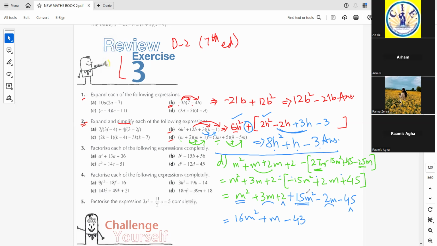Okay. Now we can see some of the parts from question number 3. Factorize each of the following expressions completely.